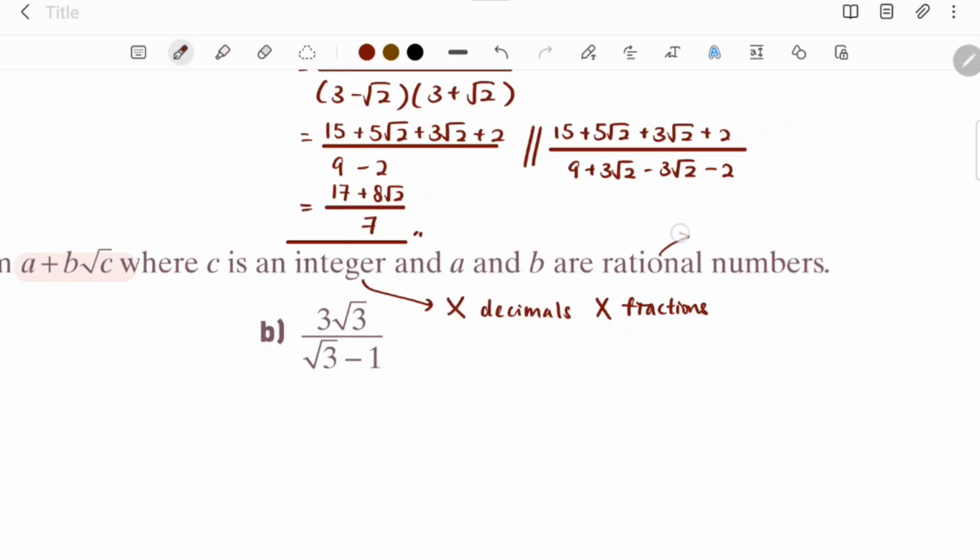Rational numbers contain decimals, contain fractions. But this one we call recurring decimals, because this kind of decimals can actually be converted into fractions.